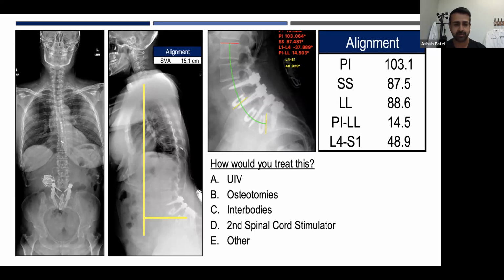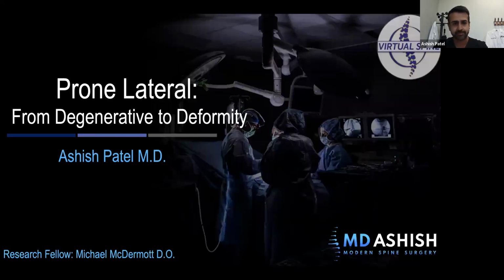It's 14.5 and not so off, but if you start to place hyperlordotic interbodies above, you're chasing a very, very high PI, and it's hard to know how that would turn out and where you'd have to stop. But there was some consensus around performing a distal osteotomy in this case, and this is something that I'm going to continue with a little bit later.